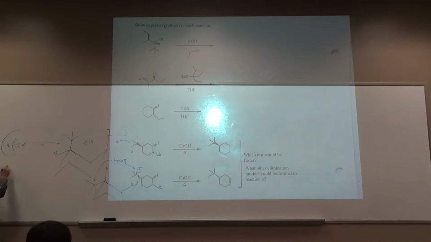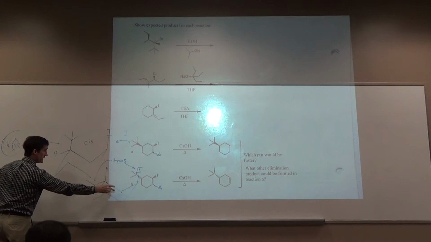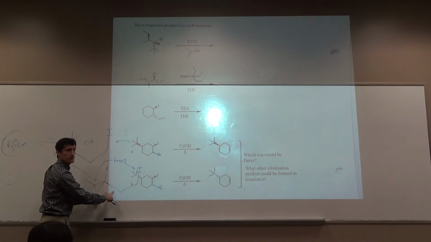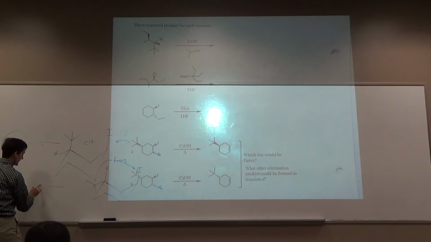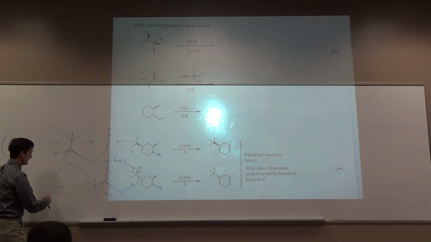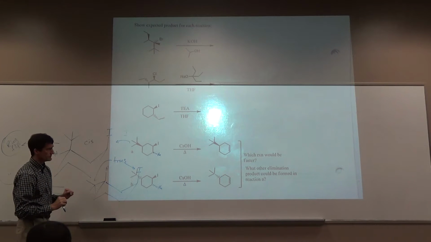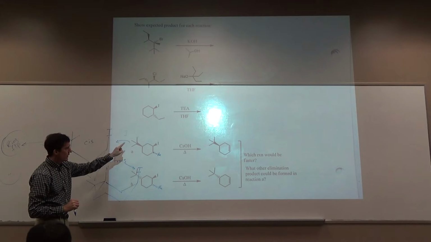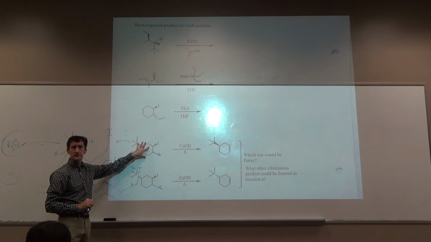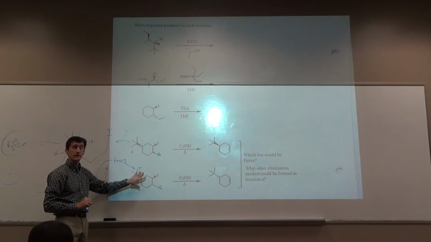But up here, this one, is this one going to want to do a ring flip as much? No, so you do a ring flip and the iodine goes equatorial. Really the question here is, which starting material is going to exist in the needed ring conformation to do this reaction?